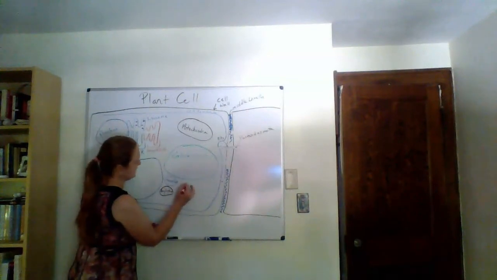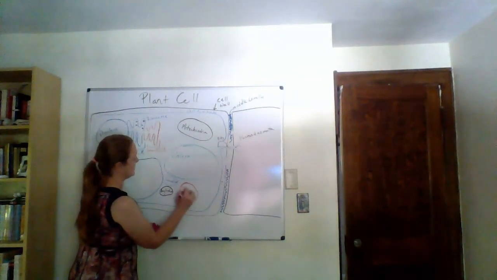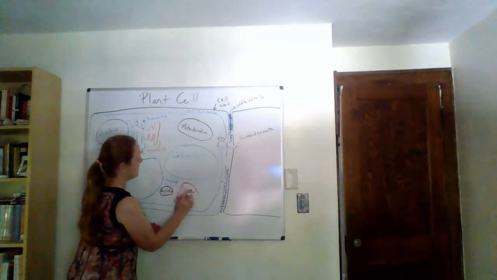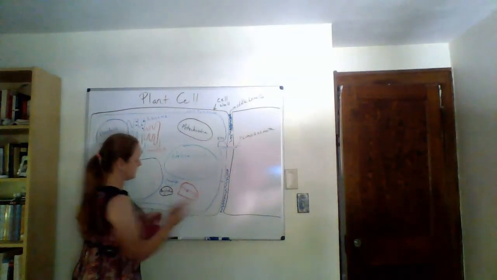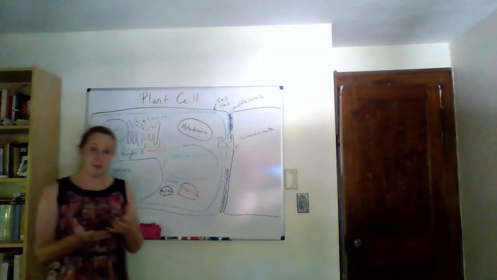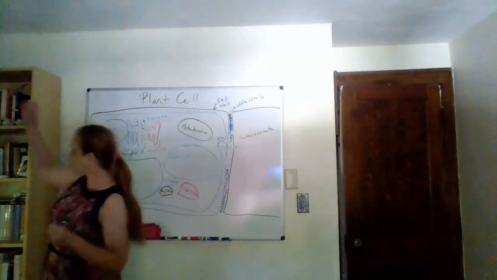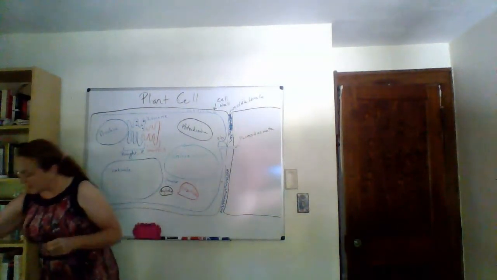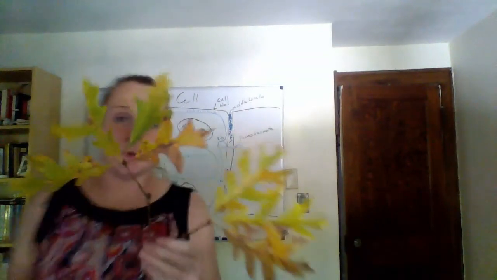Now our other plastid that's really important this time of year, or any time of year when we have colored plants, is our chromoplast. Our chromoplast is going to be storing a lot of pigment molecules, mostly in those reds, yellows, and oranges. So what I have here today is this beautiful oak leaf.